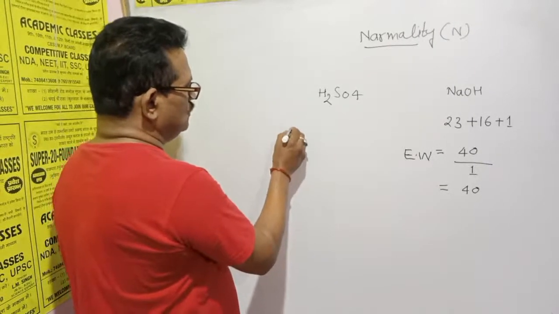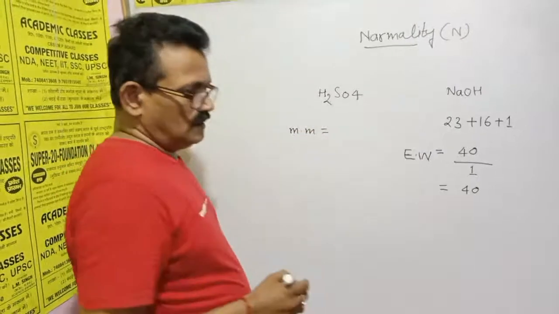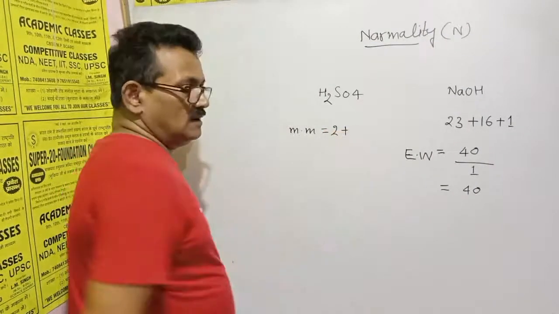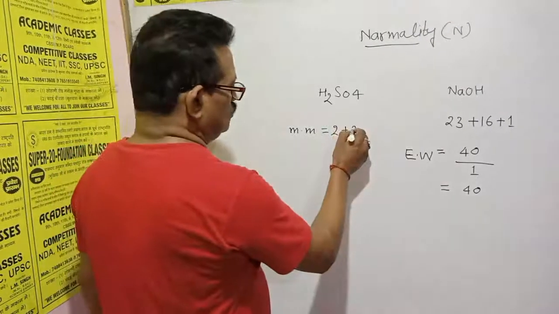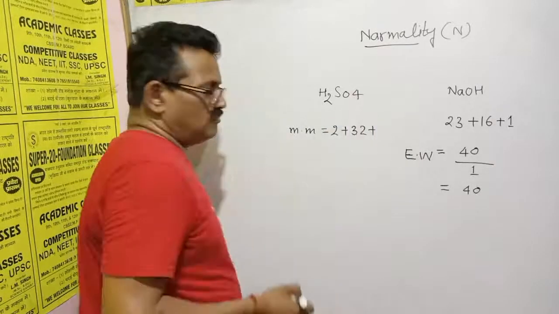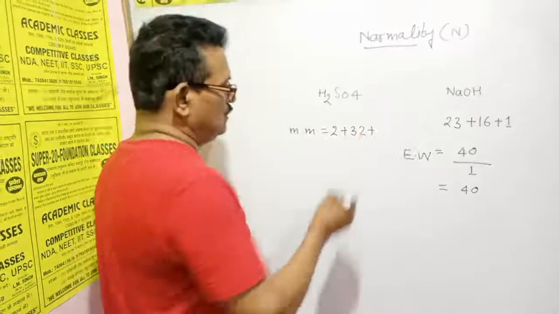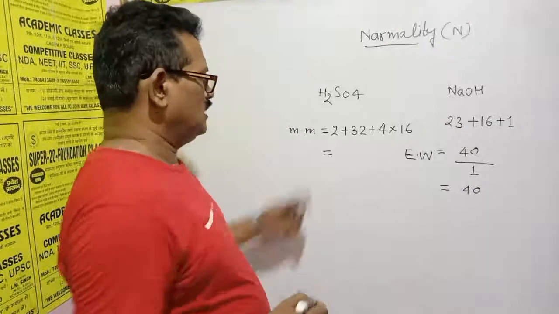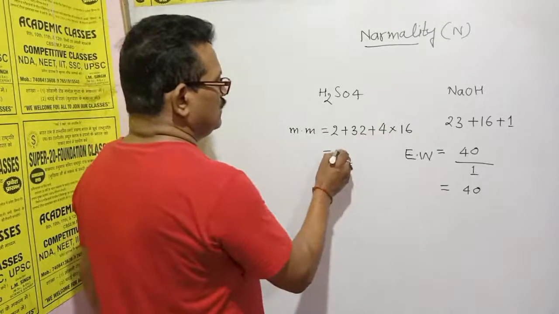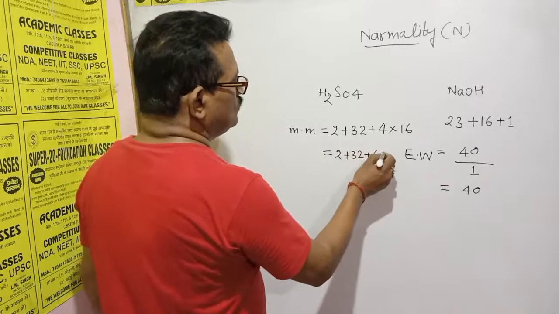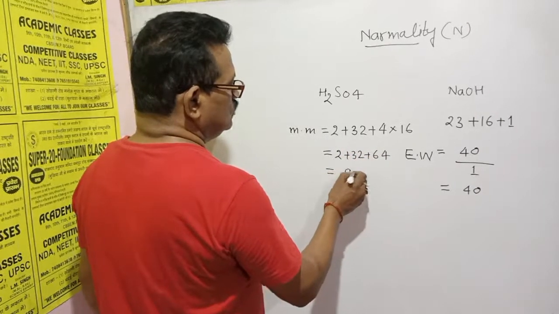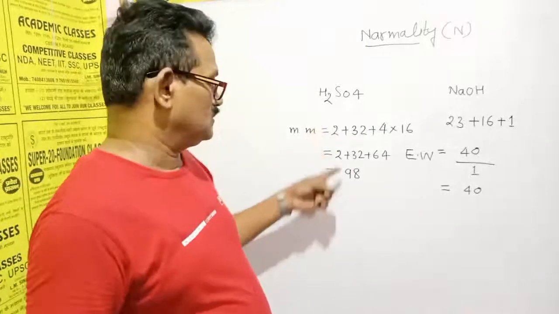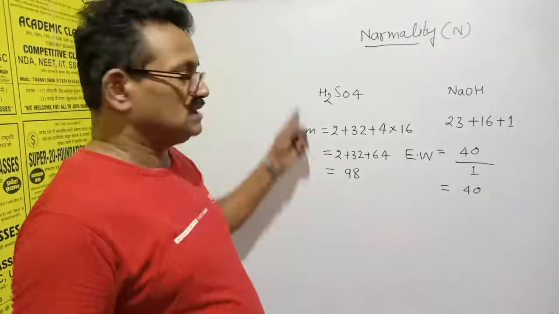There are two hydrogen atoms with mass 2, sulfur has molar mass 32, and four oxygen atoms means 4 into 16, which is 64. Adding all, 2 plus 32 plus 64, you get 98. 98 is the molar mass of sulfuric acid.